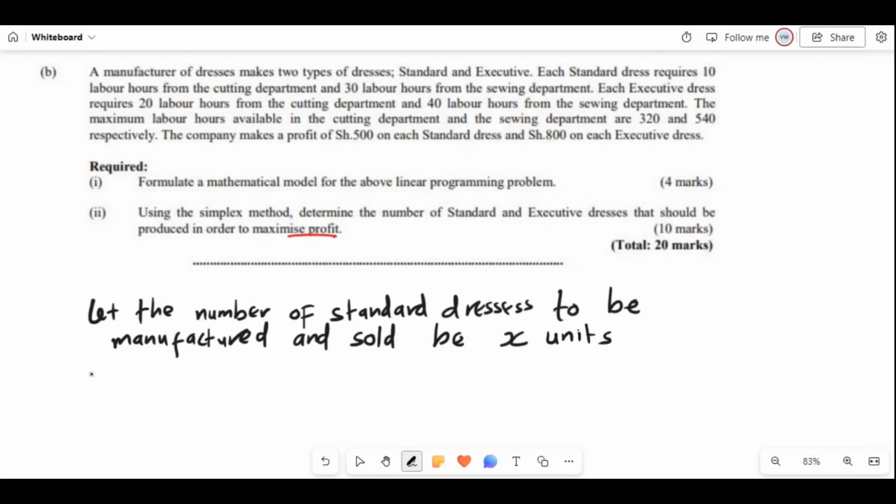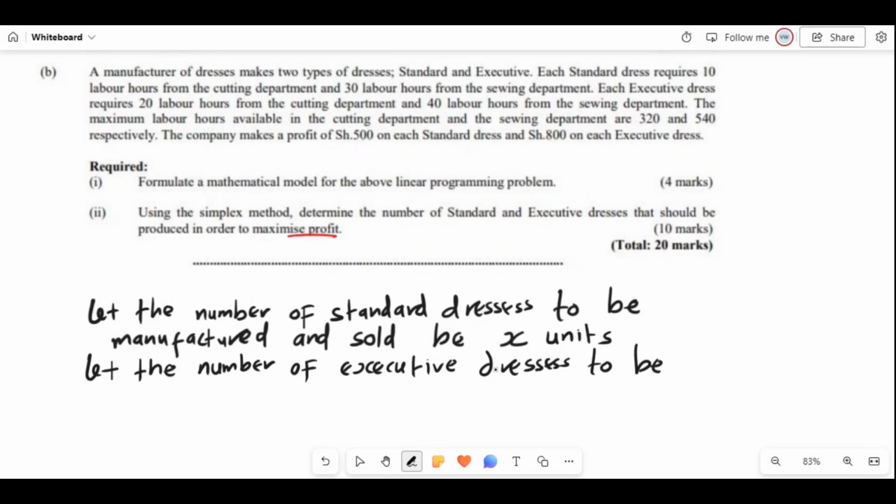And let the number of executive dresses to be manufactured and sold be Y units.